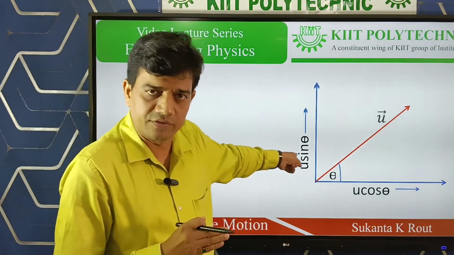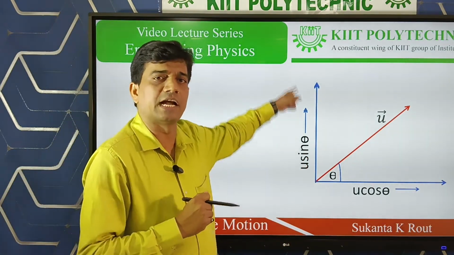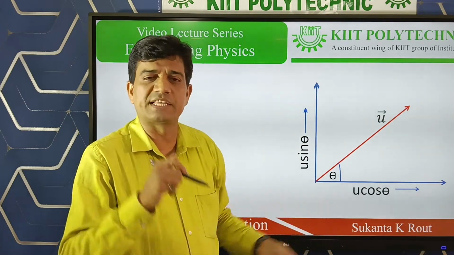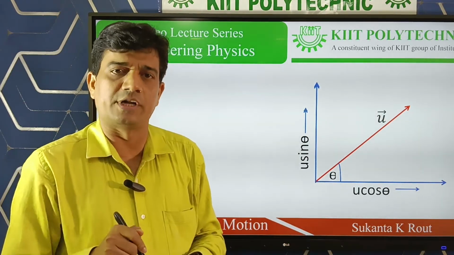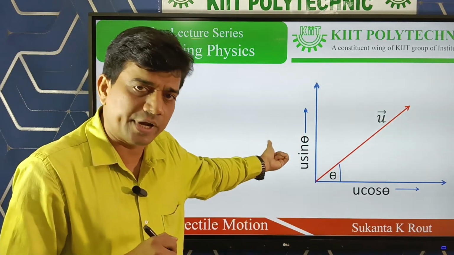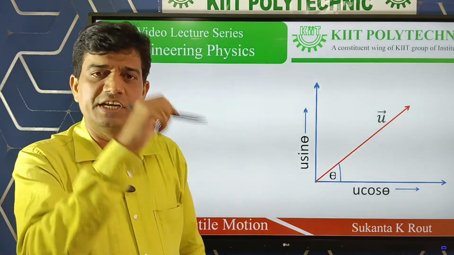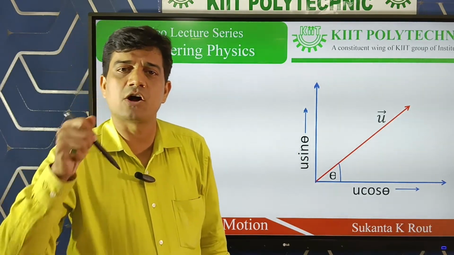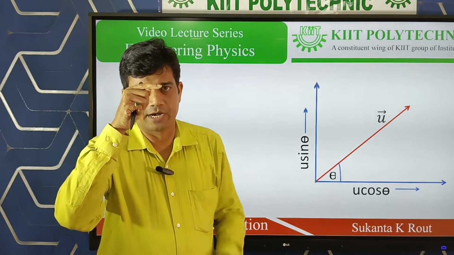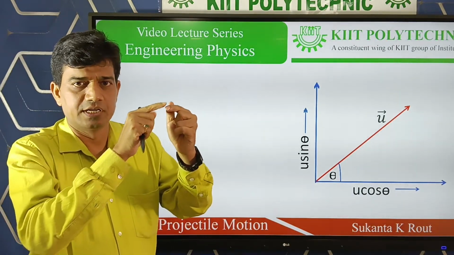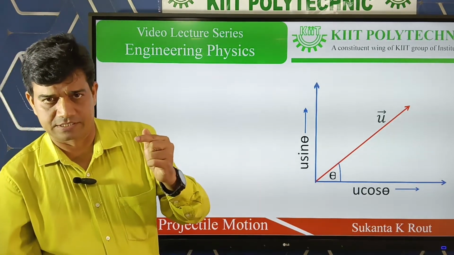But u sin theta, being in the vertical direction, due to the presence of gravity, gradually decreases and becomes zero at the highest point, and from that point the body starts moving in the downward direction.